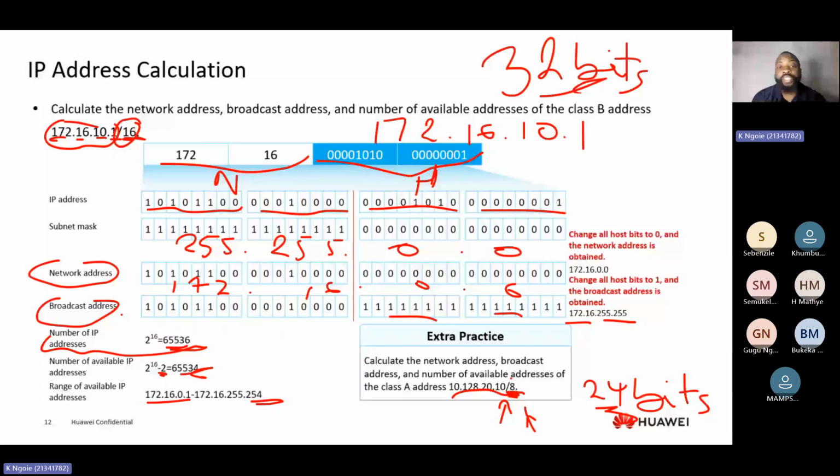And then you take the number of IP addresses, which will be 2 to the power of the number of host bits. And then the number of available addresses will obviously be the number of IP addresses minus 2. And then the range will obviously be from after the first one to the last number, but you minus 1. All right. Any question on this? Anything confusing? I hope everyone understands this part.